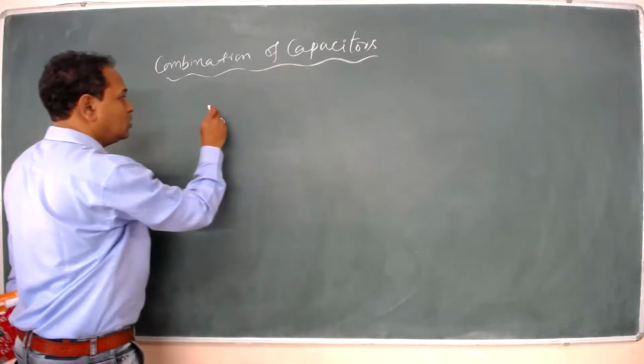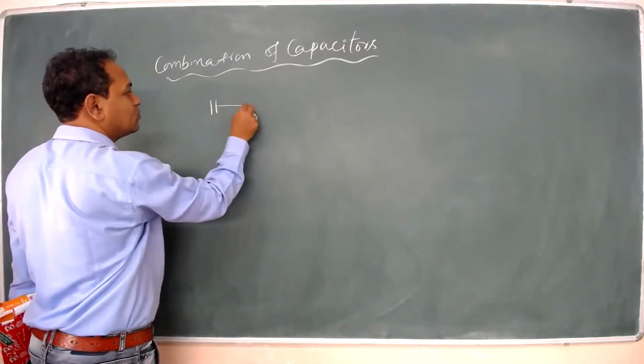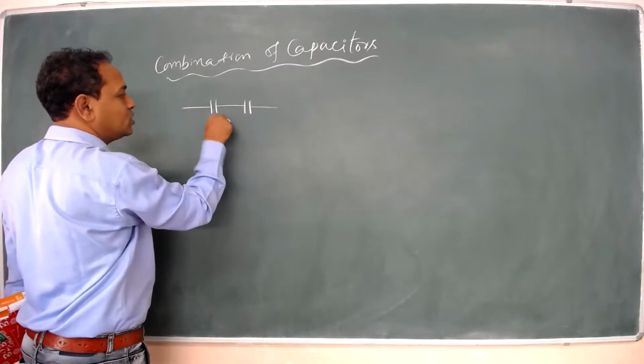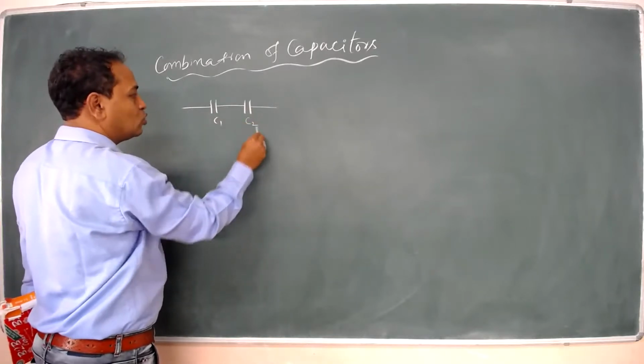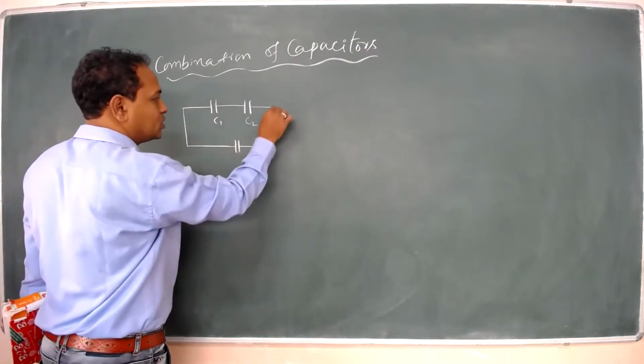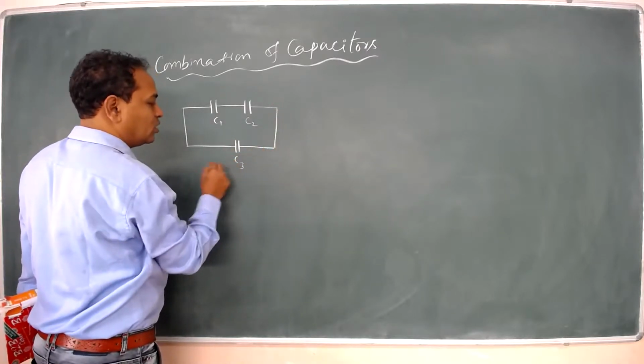Suppose this is the capacitor C1, this capacitor is C2, and this is again connected to one more capacitor, say this is C3.